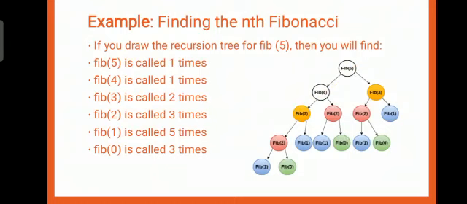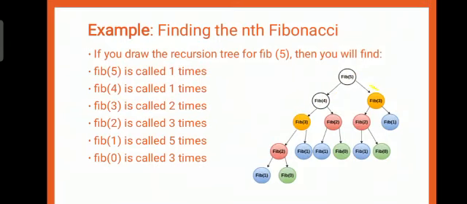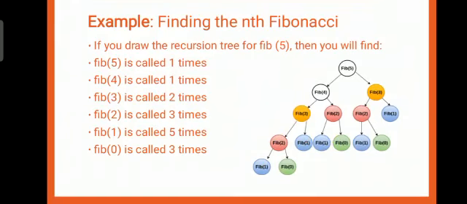Fib3 is called two times, here and here. Fib2 is called three times, here, here, and here. The next one, Fib1, is called 5 times: 1, 2, 3, 4, and 5. Fib0 is called 3 times: 1, 2, and 3.